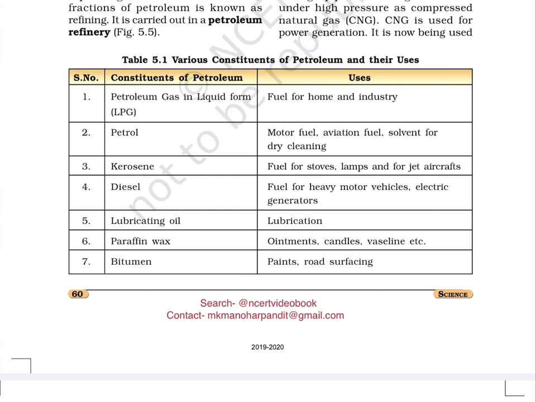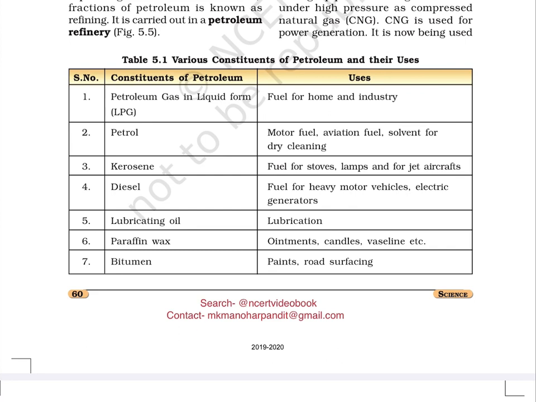2. Petrol. Uses: motor fuel, aviation fuel, solvent for dry cleaning. 3. Kerosene. Uses: fuel for stoves, lamps, and for jet aircrafts. 4. Diesel.